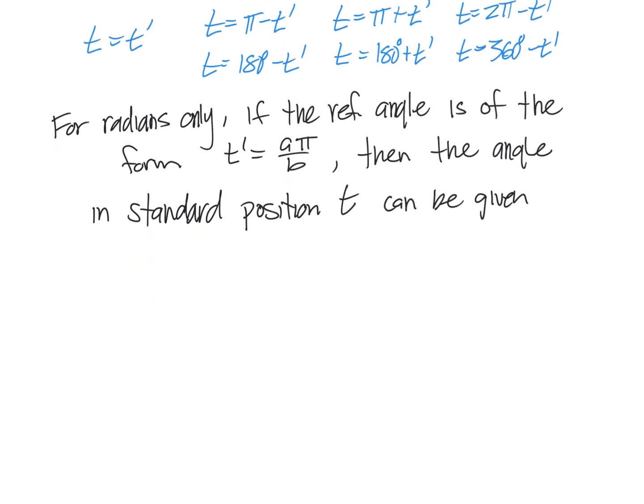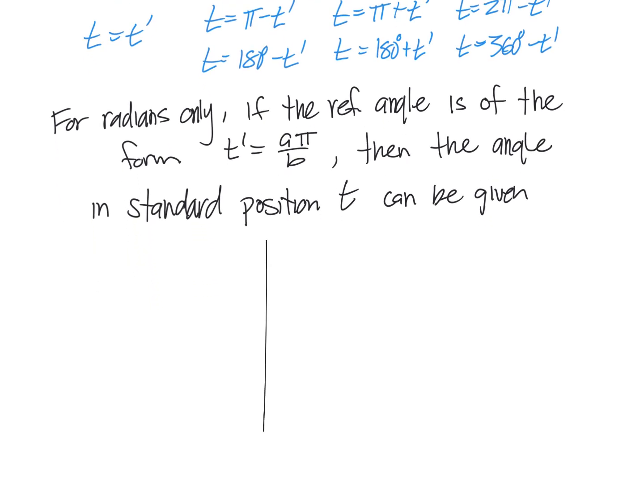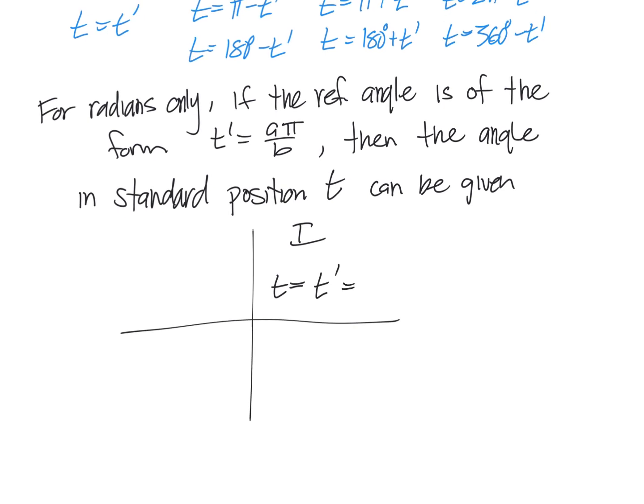So here are our quadrants. So in quadrant 1, t is just t prime. And so t prime was that a pi over b.